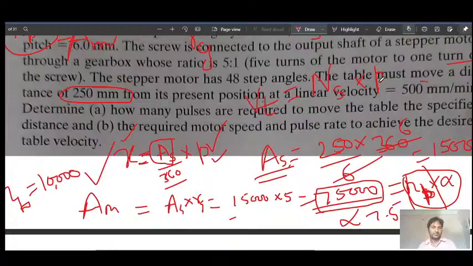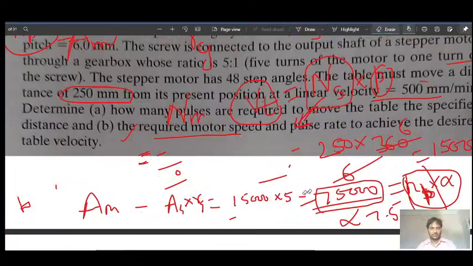We have the Vt value, linear velocity, and the pitch value is given. Find out the Ns value, and from Ns we get the required motor speed. If we can get the Ns value, simply multiply with the Rg value, and we will get the Nm value. Can you do it? Do it quickly.